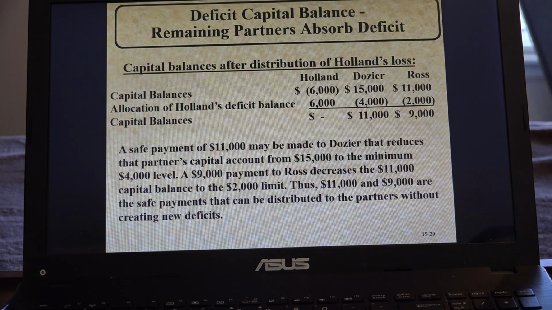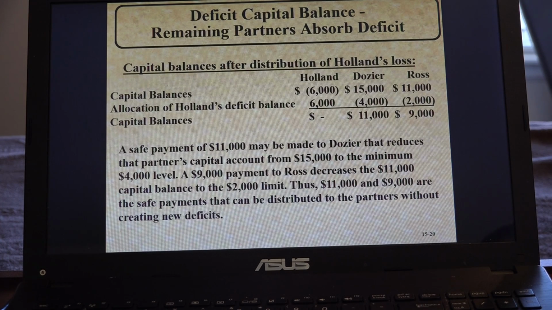What you have to do when you're considering safe payments is consider what the maximum amount of the loss would be that is absorbed by the remaining partners. Here, the maximum amount of the loss that would be absorbed by Dozier and Ross is the $6,000.